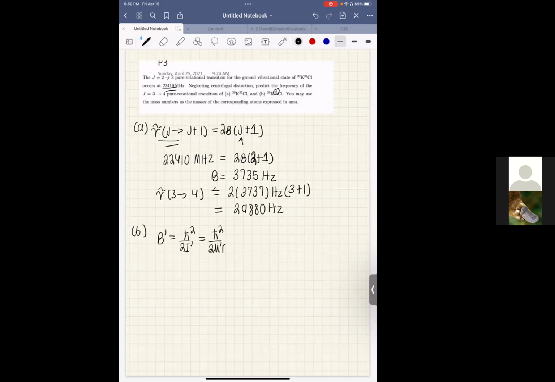So we expand out the moment of inertia to 2 times the reduced mass times r squared. Since the bond length is the same, the only thing different is m, the reduced mass. So we solve for what the reduced mass is equal to and put this in terms we understand.